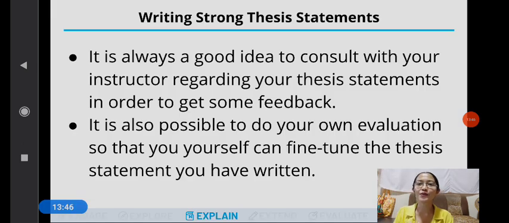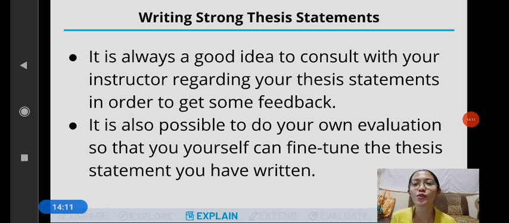Okay, now, let's have the tips in writing strong thesis statements. It is always a good idea to consult with your instructor regarding your thesis statements in order to get some feedback. You can ask me if you are going to make thesis statements in our activities or assignments, if it becomes difficult.